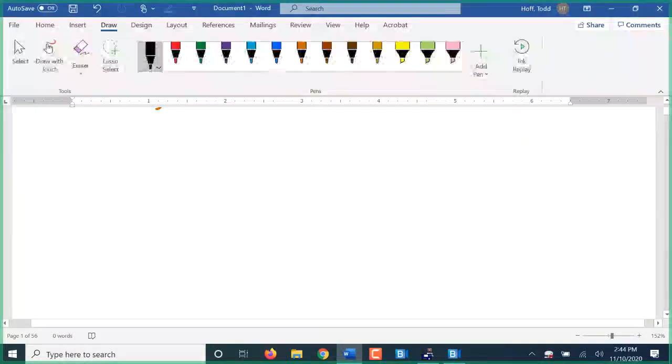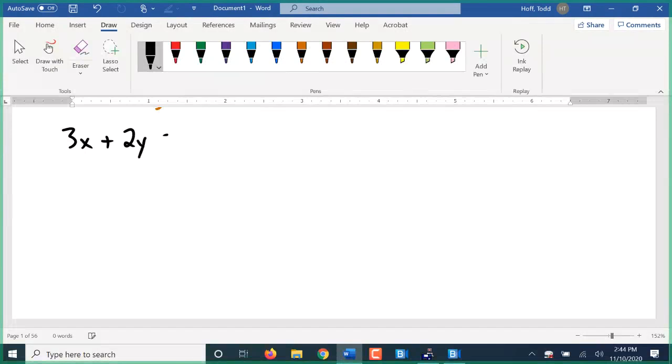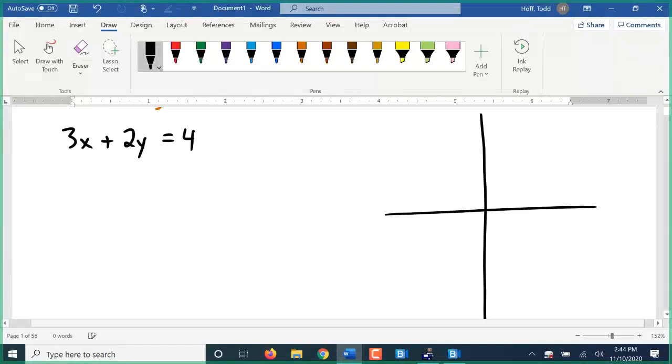So the next step would be if x and y started out on the same side of the equation. Something like this: 3x plus 2y equals 4. Well, we need this to be in that form of y equals.